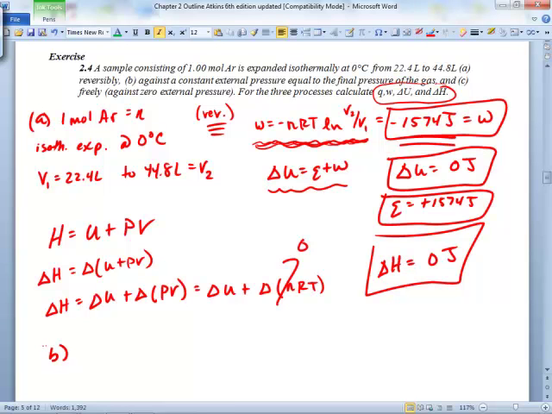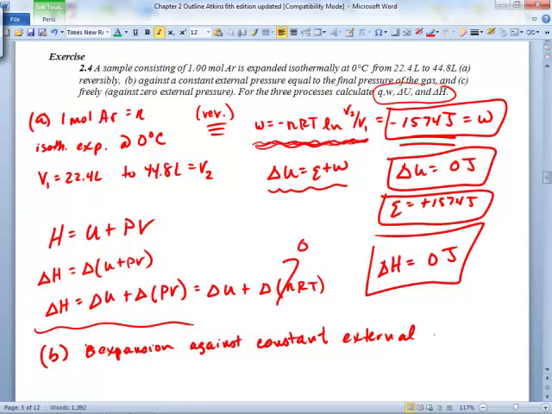Now in part B, what changed? Against a constant external pressure equal to the final pressure of the gas. Okay. Expansion against constant external pressure equal to P final or something.